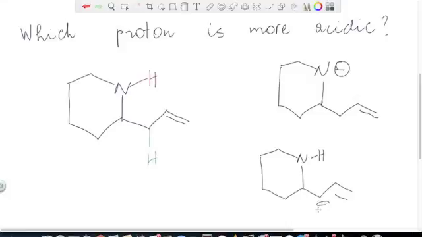There is your negative charge. So now we have a choice. Do we want our negative charge on nitrogen, or do we want our negative charge on carbon that is resonance stabilized, right? We can draw a resonance for this anion.